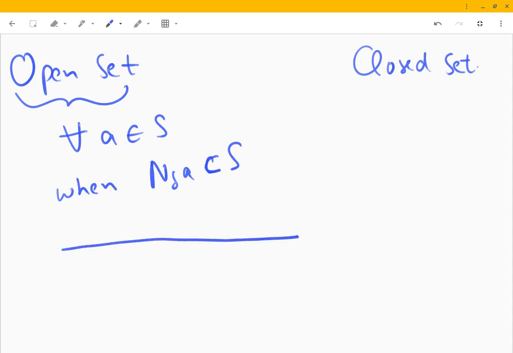Let's see this visually. Suppose this is an open set, from P to Q. Now, we know that in an open interval, P and Q will not be included in the set. So P does not belong to the set S and Q does not belong to the set S, right? So what makes this an open set?